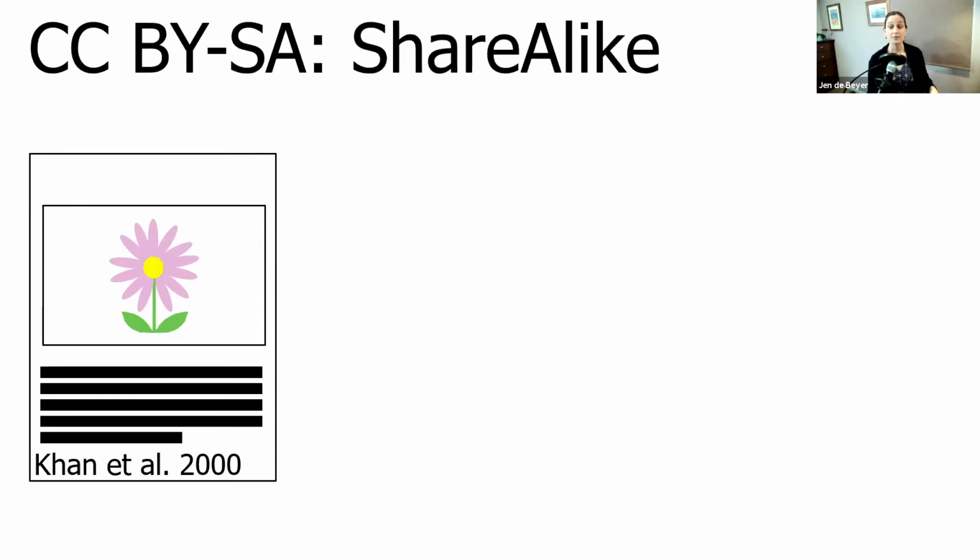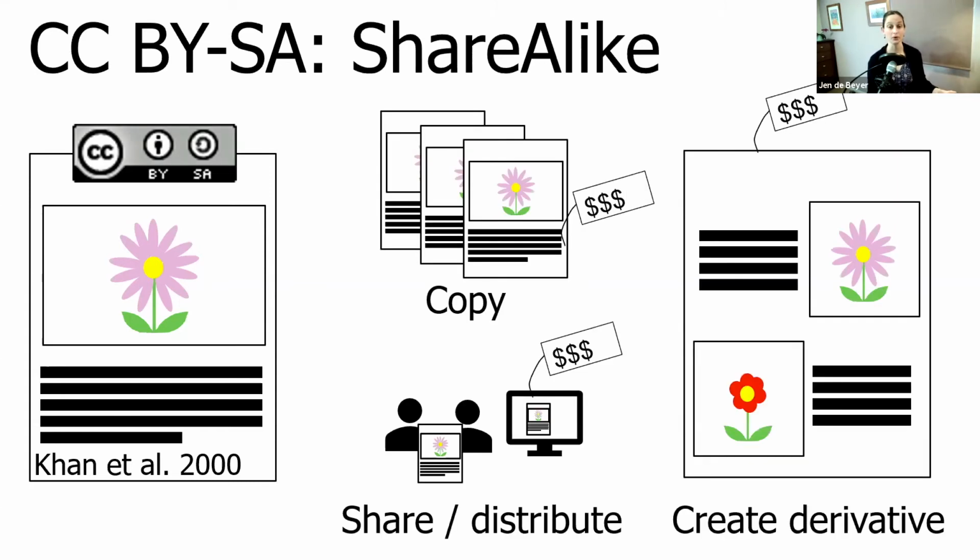There's also a bunch of elements that get put with that CC BY. One of them is SA, which means share alike. A CC BY-SA license, attribution and share alike, means that you can do whatever you like with the work, provided, again, we've got the BY, so you've got to attribute, but also the SA means any derivative work you make has to also be licensed under that same license.